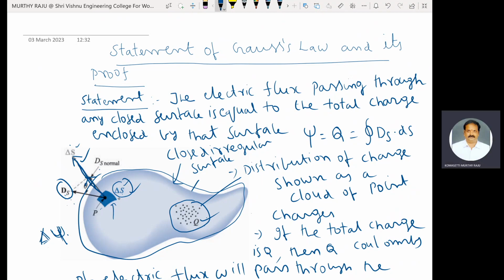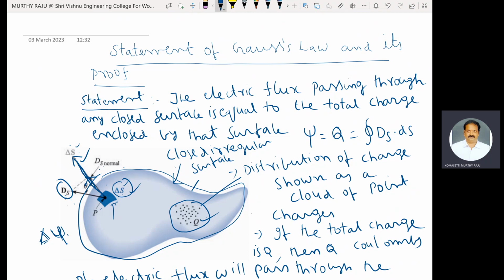Therefore, the flux passing through this delta S, delta psi, is equal to the product of D_s normal into delta S, which is D_s cos theta into delta S, that is D_s dot delta S. Psi is the total flux passing through that closed irregular surface, psi is equal to the integral over the surface of D_s dot dS.